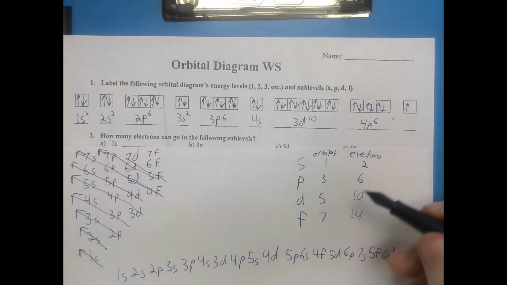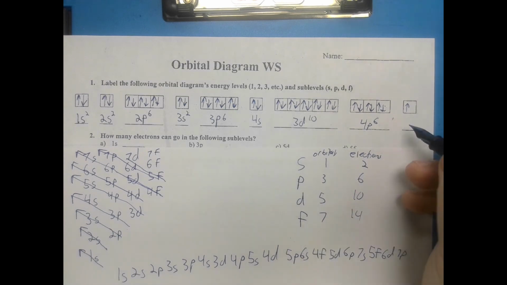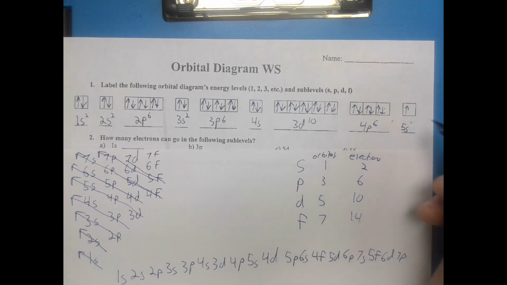So if it only had 1, the one that comes after 4P is 5S. Then I put a 1 here. If there was a second arrow, it would have a 2. So right now it only has 1. Add another arrow, this becomes a 2. This is counting how many electrons are in this whole block.